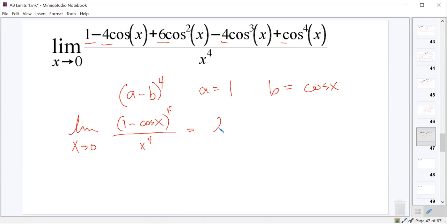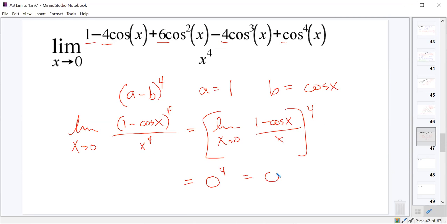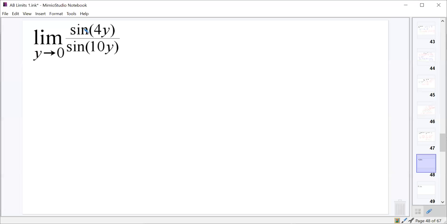And now we can use our same rules that we had before. Just turn this into 1 minus cosine x over x and raise the whole thing to the fourth power, giving us 0 to the fourth, or 0. Everybody good with that? Yeah. Perfect. All right, let's take a look at another one.